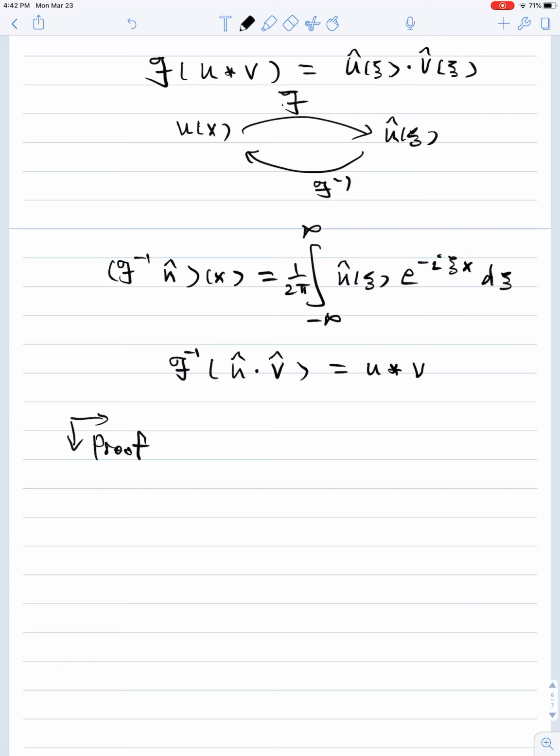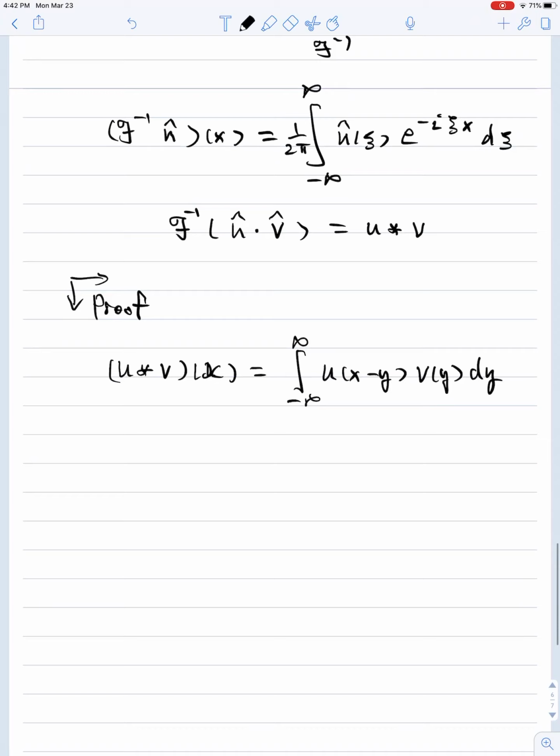Okay, so just recall the convolution u * v at x, with y from negative infinity to positive infinity: the integral of u(x-y) v(y) dy. Now we apply the Fourier transform to the convolution, and this would get us a function of ξ.